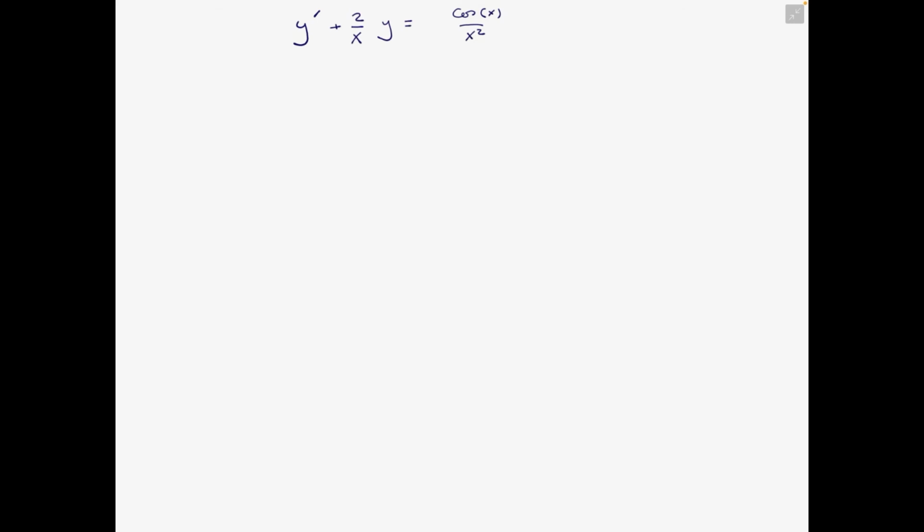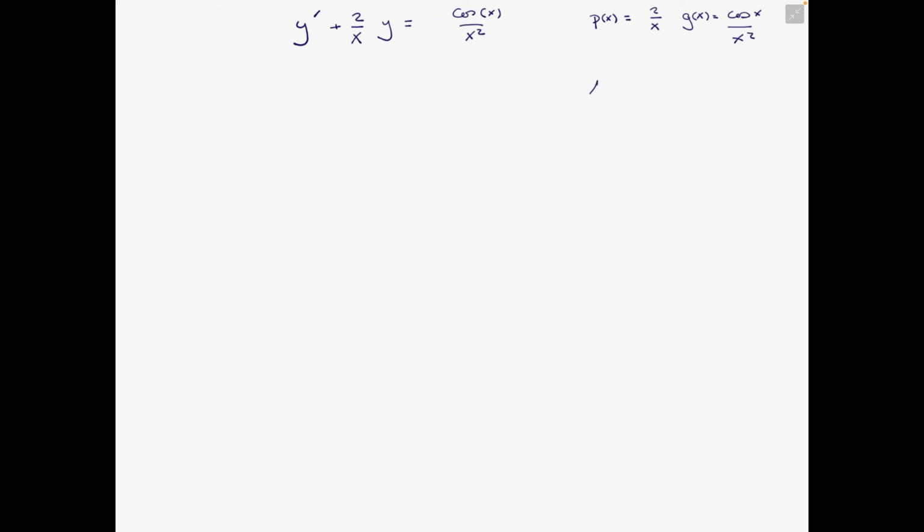So let's go. So we have here, using our theorem, p of x is equal to 2 over x. g of x is the cosine of x on x squared.